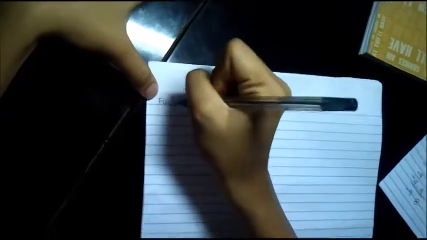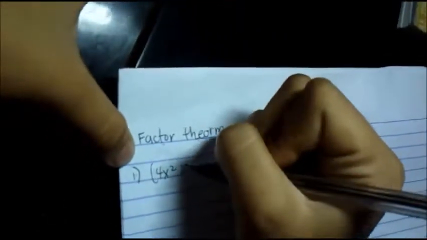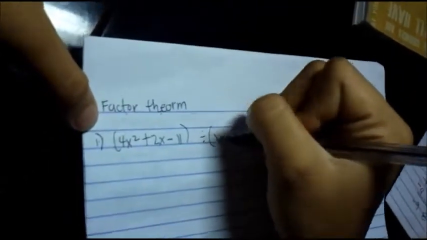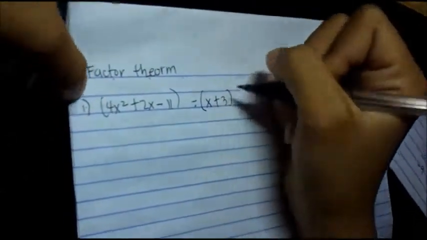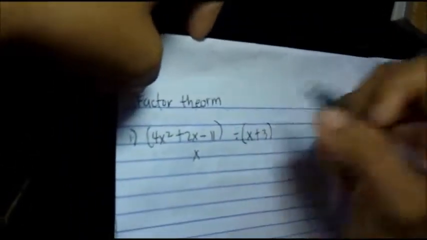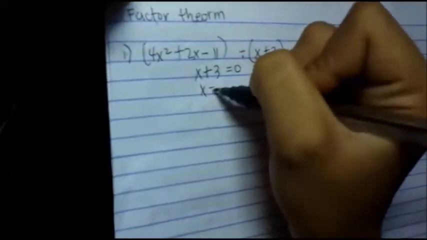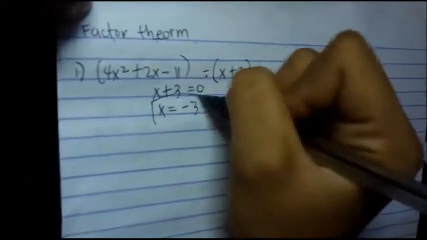Third theorem. Our first example is 4x squared plus 2x minus 11 divided by x plus 3. Then, let x plus 3 equal 0, then x is equal to negative 3.